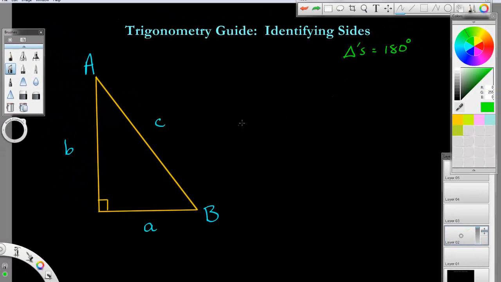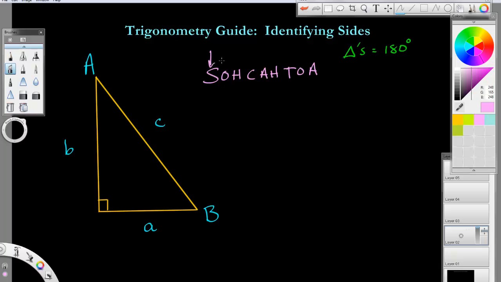Okay. Now, what I want to show you is something called Sohcahtoa. S-O-H. Write this part down. C-A-H-T-O-A. And this is a fancy way of remembering what sine, cosine, and tangent equal.